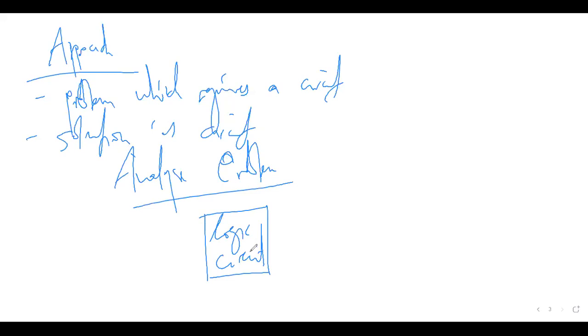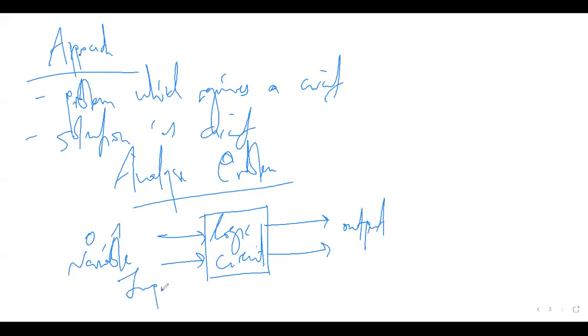Analyzing the problem is knowing what the inputs of your logic circuit are. The inputs can be the variables we just defined, zeros and ones. With the combination of zeros and ones, what is the output to solve your problem? That is the analysis.